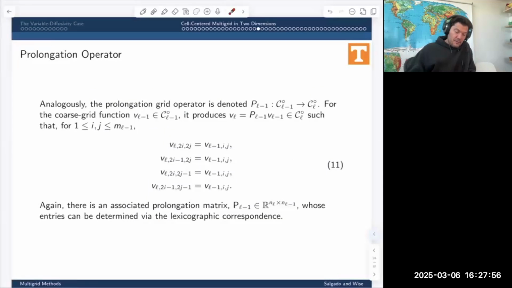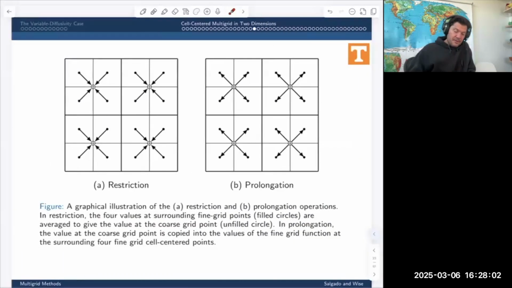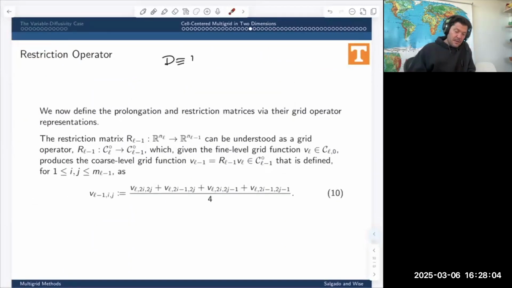You have to determine those via the lexicographic correspondence. The same with the restriction matrix. It's understood via the lexicographic mapping, and so I should actually add a little bit more about that in the notes.